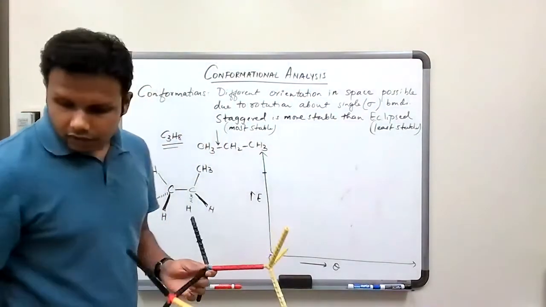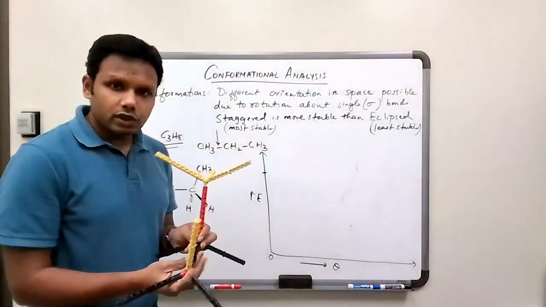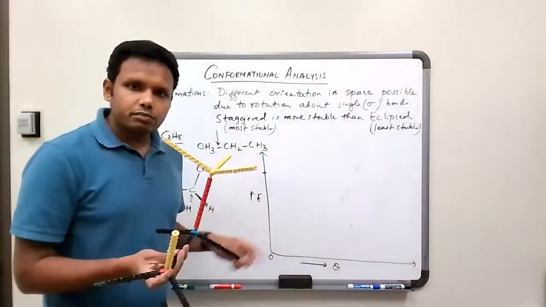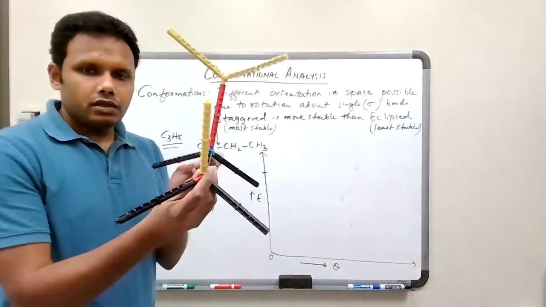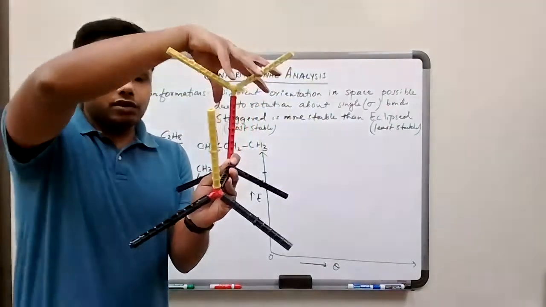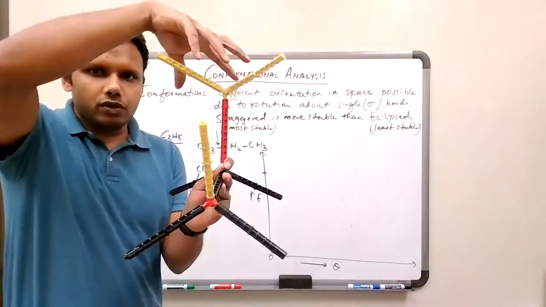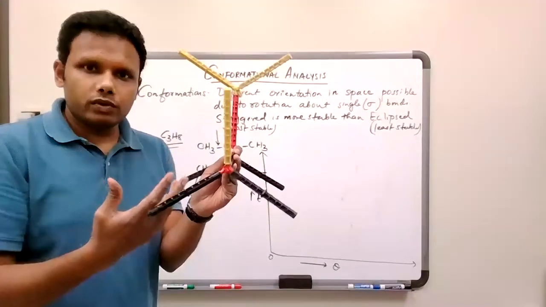Now, let me ask, should the energy of this eclipsed conformation be higher or lower than ethane, the first molecule that we looked at? Ethane did not have the CH3 group. So should it be higher or lower?